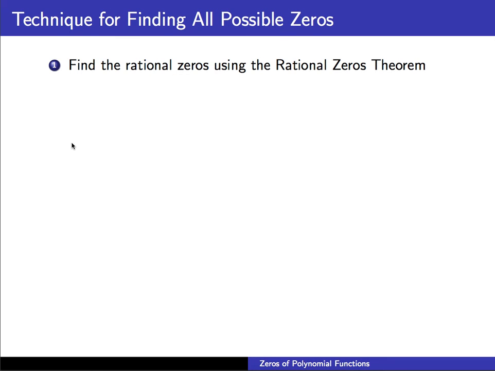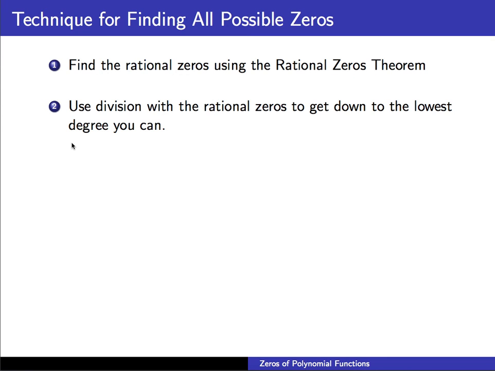So here's what we're going to do. We're going to break this down in the same order we did the other videos. We're going to start by finding the rational zeros. So we'll list out the potentials, and then, just like we did in the first video for this section, find the actual rational zeros using the rational zeros theorem. And then we're going to use division to get it down to the lowest degree that we can.